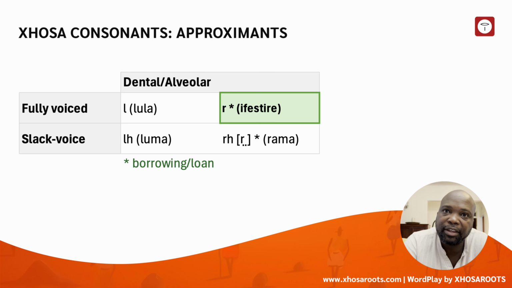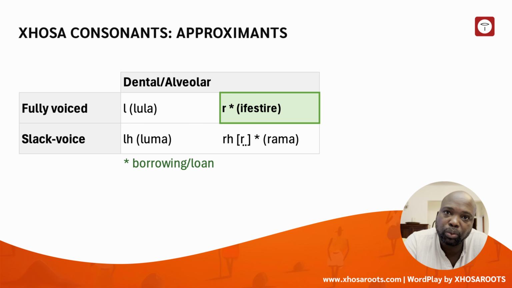And it was called festile or festire. So Xhosa people, especially in the rural areas, could not pronounce the R. And so they replaced the R with the approximant L, which would mean instead of festire, it would be called festile.